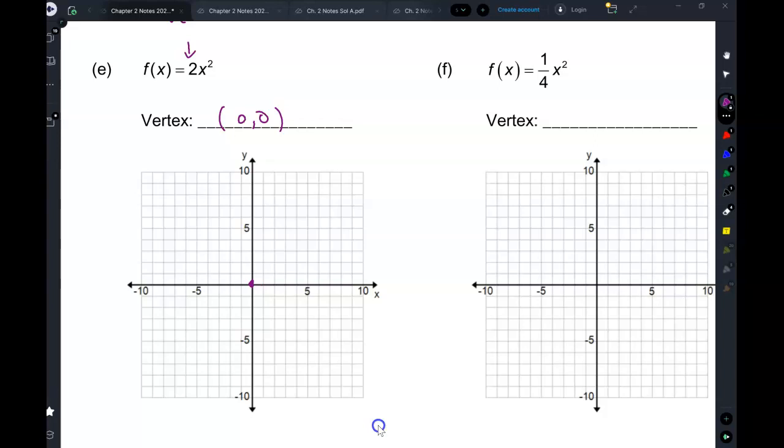But now it's multiplied by 2, so I go up 2. And if I go over 2, how much would I go up now? 8. I would have gone up 4, but now it's 4 times 2, 8. Okay, mirror this way, mirror here, and look at how cute that parabola looks now.